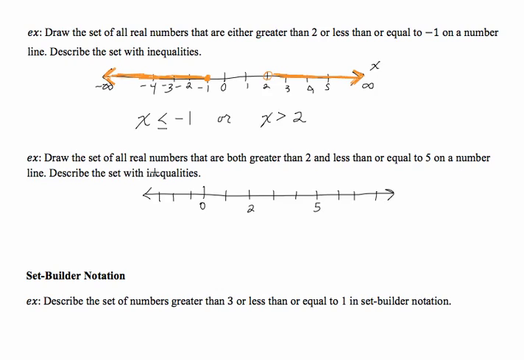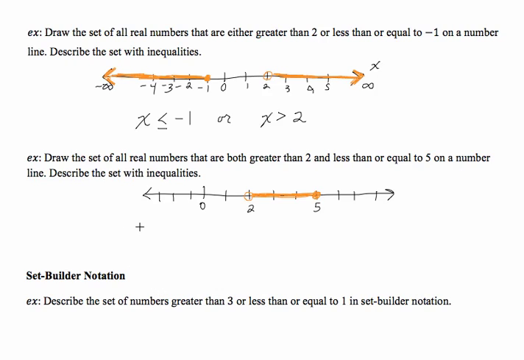Okay, so we're looking at the set of real numbers that are both greater than 2, strictly greater than 2, and less than or equal to 5. So we include 5 but not 2, and all those numbers in between there are the numbers that we're discussing. Okay, so how would you write that in inequalities?